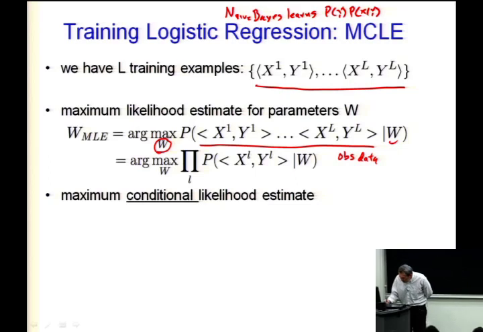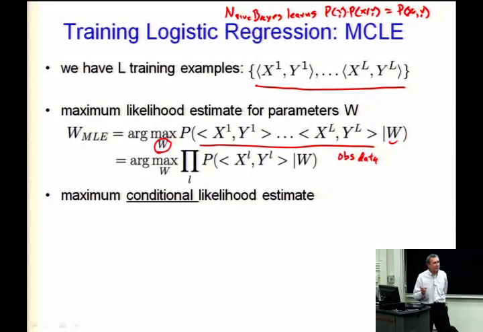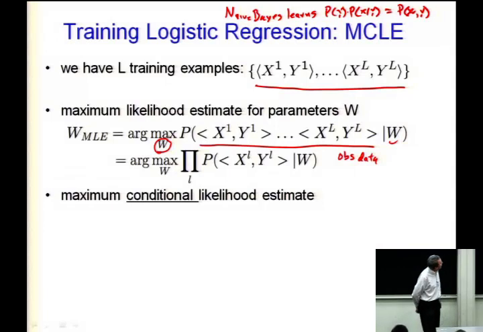Because by the chain rule, if I multiply those two distributions together, that is P of x and y. Once you've trained your naive Bayes classifier, you can multiply the two distributions and you've got the joint distribution on x, y.